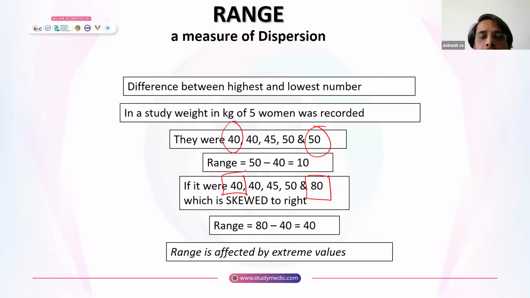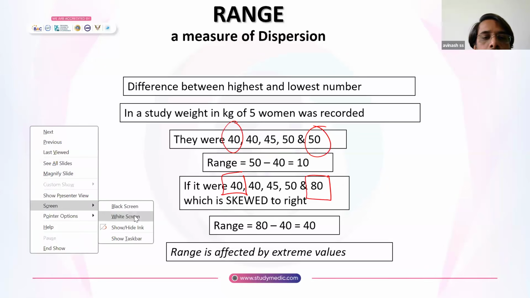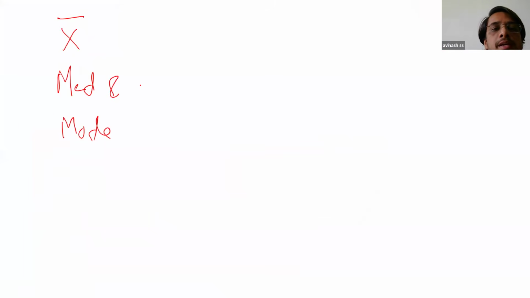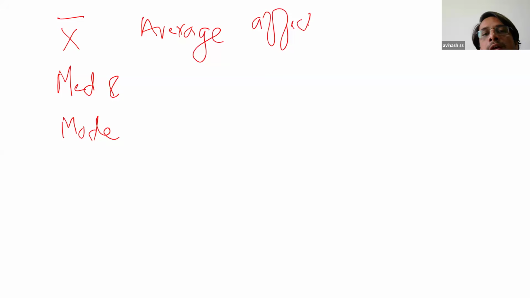So, to summarize, we discussed mean, median, and mode. Mean is the average. This is what they ask, average. And it gets affected by extreme outliers.